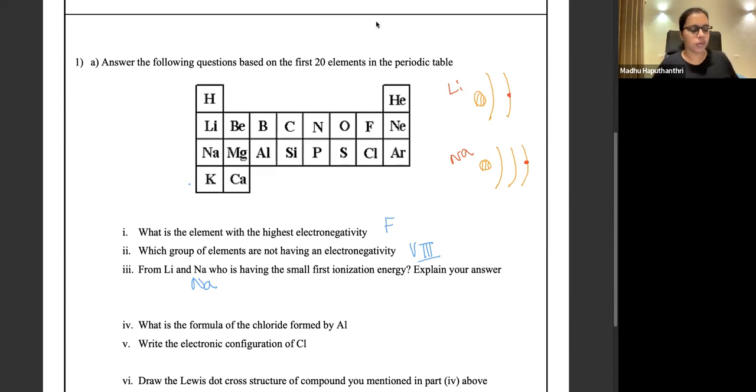So we'll write 2 sentences for that. Say sodium has more energy levels than lithium. Sodium has more energy levels than lithium.